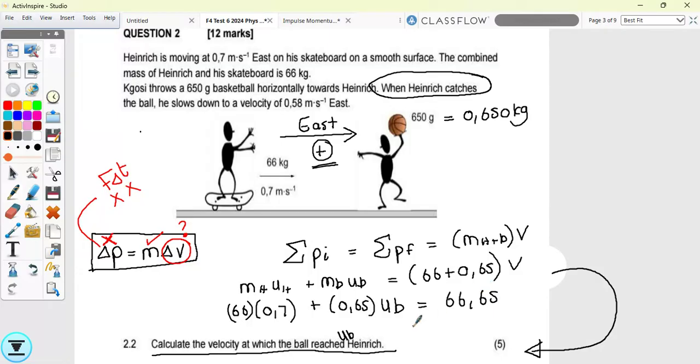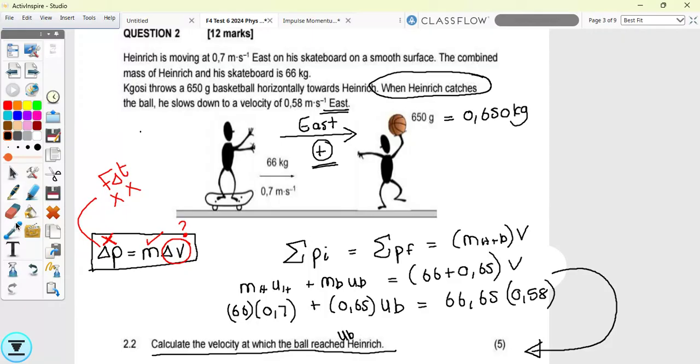So now we can work it out, but don't put a sign, don't assume a direction, don't put a direction in. East is still positive, so the 0.58 is still going to be positive.